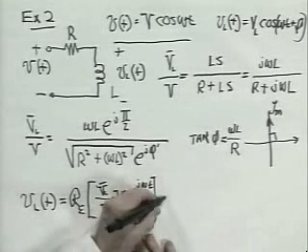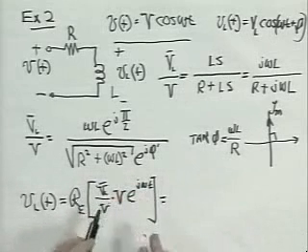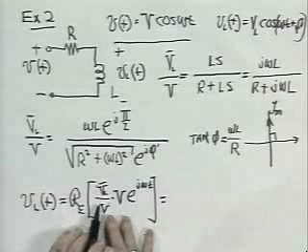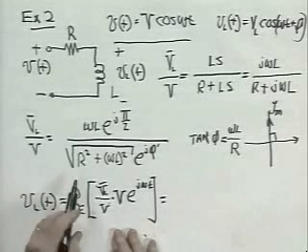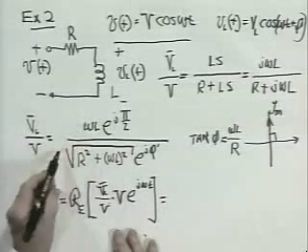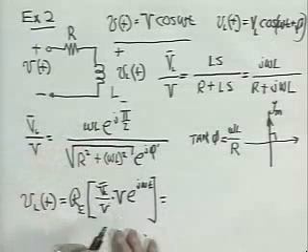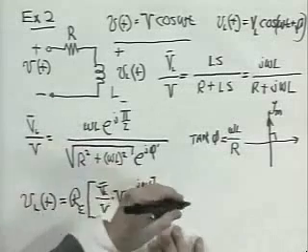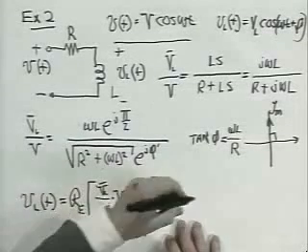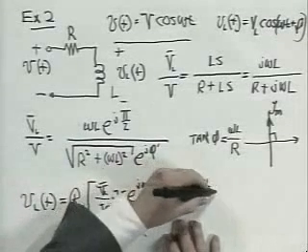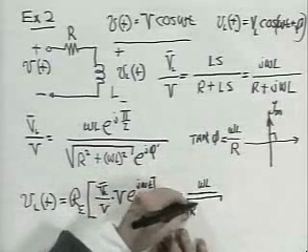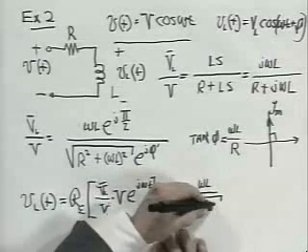Okay, I think I can fit it all in here. The real part of this complex number is the magnitude of this ratio. That I've got expressed by omega L, the magnitude of the numerator, divided by the magnitude of the denominator, multiplied by V. Let me put the V out front. The magnitude of that ratio is omega L over the square root of R squared plus omega L squared.